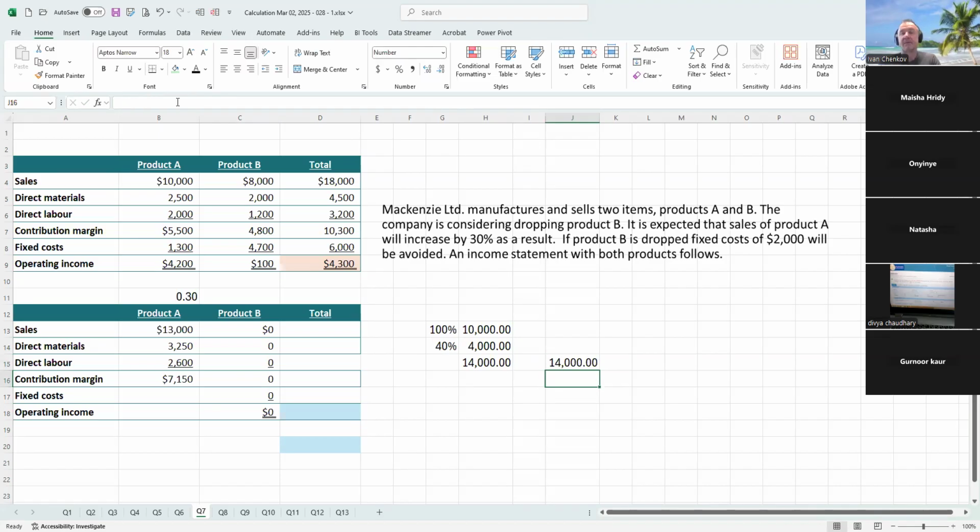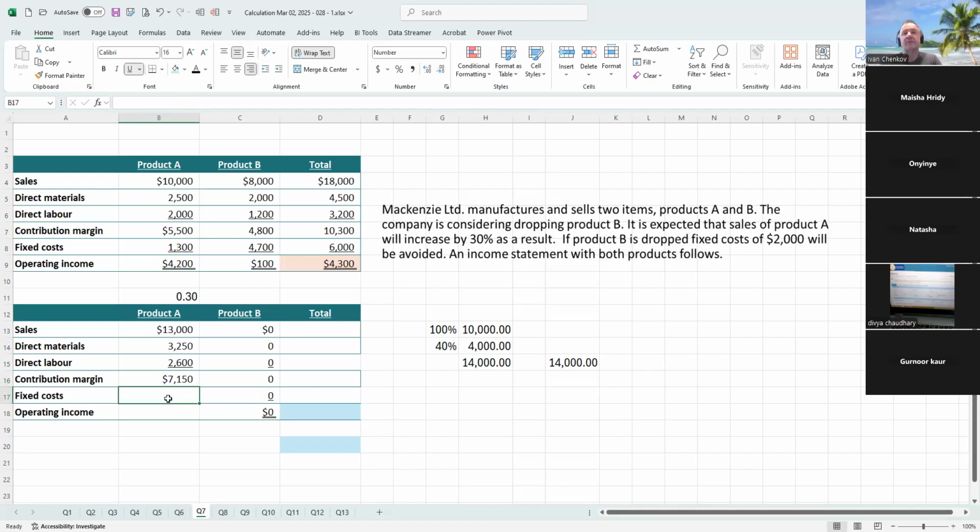Because we add the original plus the increase, not only the increase. That's why I use 1.3, 1.3, 1.3 to get the contribution margin, which is also going to be 1.3.